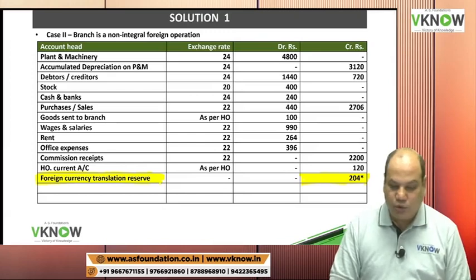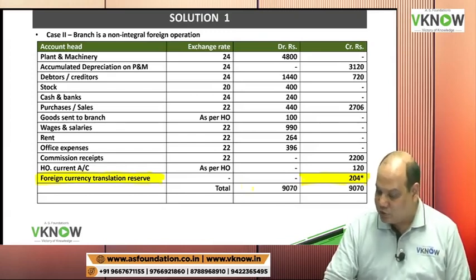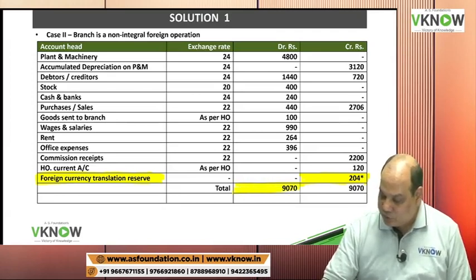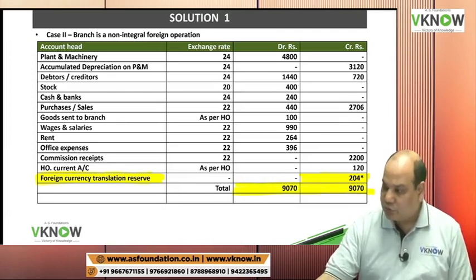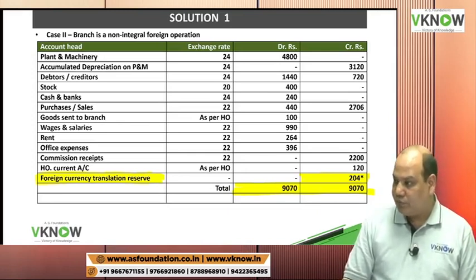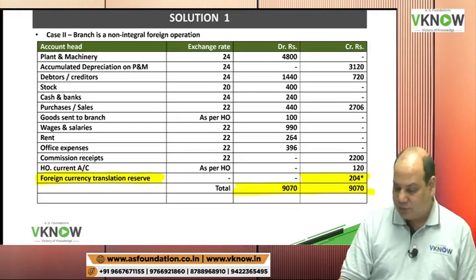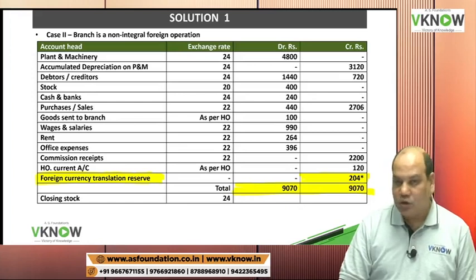Credit side 204 is the difference, and the total of the trial balance, just check, 9070. Total of the trial balance is 9070. Yes, Tiwari is right. Sanket is right. And the closing stock, same closing rate 75.